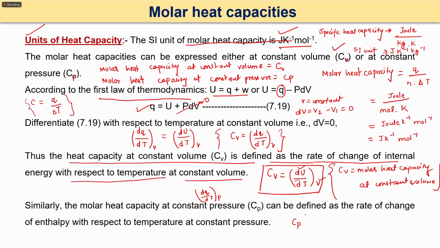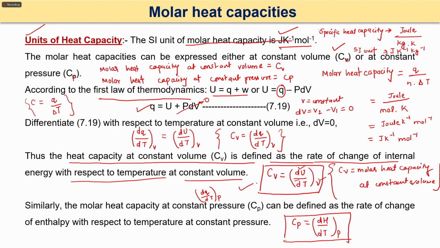If this is the case, then your Cp is equal to dH by dT at constant P. So this is the expression for Cp, that is molar heat capacity at constant pressure.